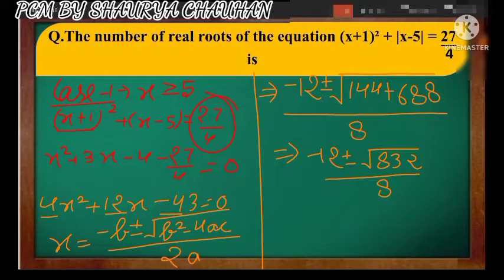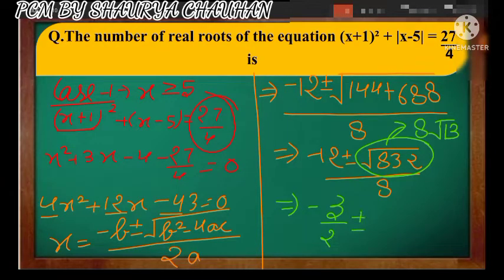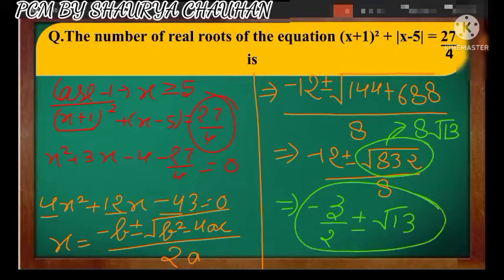We can write it as 8 root 13. So after splitting the fraction it will become minus 3 by 2 plus minus root 13. This equation can be split in two ways, which are minus 3 by 2 plus root 13 and minus 3 by 2 minus root 13.